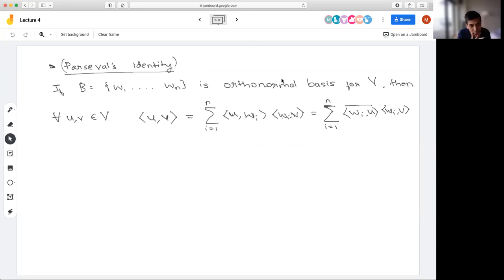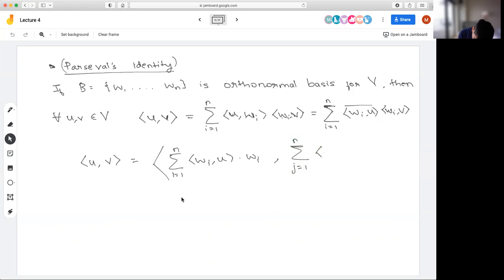So you want to calculate, let's say, the inner product of U and V. Well, we know what U is. It's the summation over I from 1 to n of some coefficient, which can be computed this way, times Wi. And we know what V is.